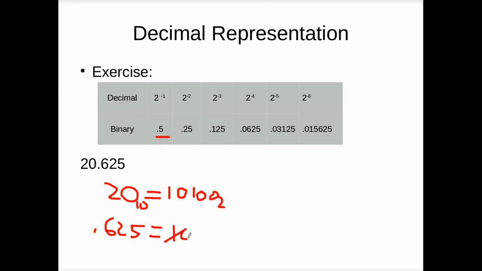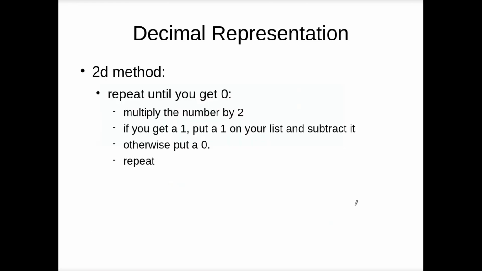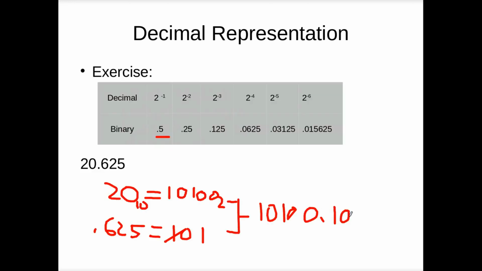So it's going to be 0.101. And so the total number, you combine these both, and it becomes 10100.101.